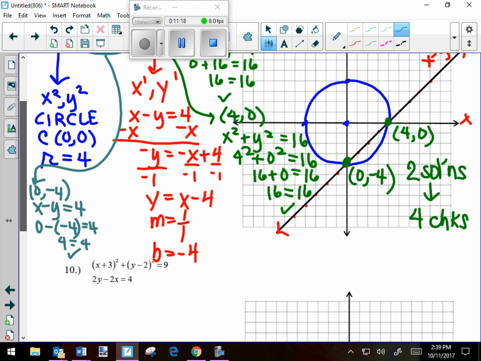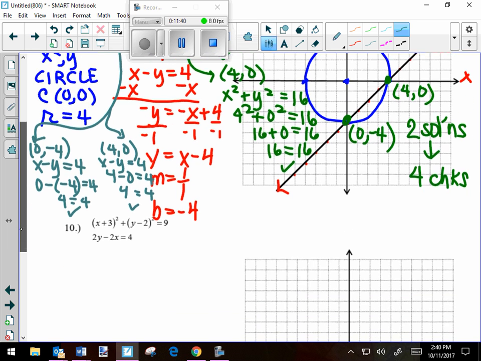And then that same equation has to also get checked with 4, 0. x minus y equals 4. 4 minus 0 equals 4. 4 equals 4. So there's 4 checks and they all checked. You're responsible for doing all 4 of them. If I was doing this on a piece of paper, I would probably make it a little neater, but that's okay. You can see what I did because I changed the colors.